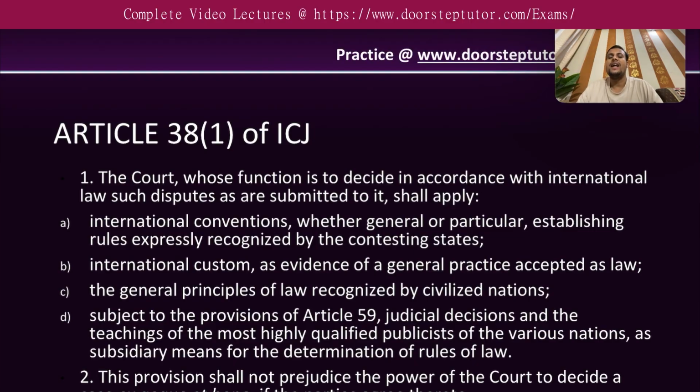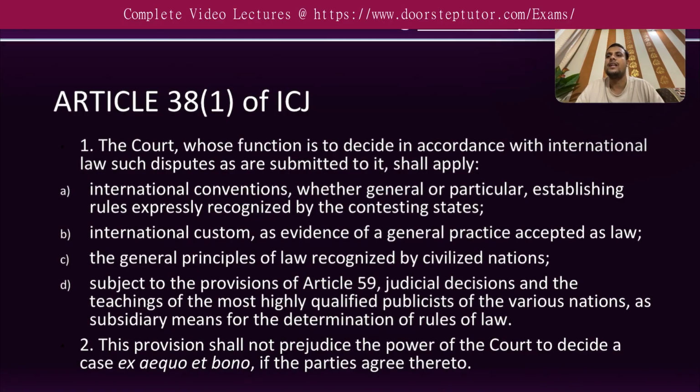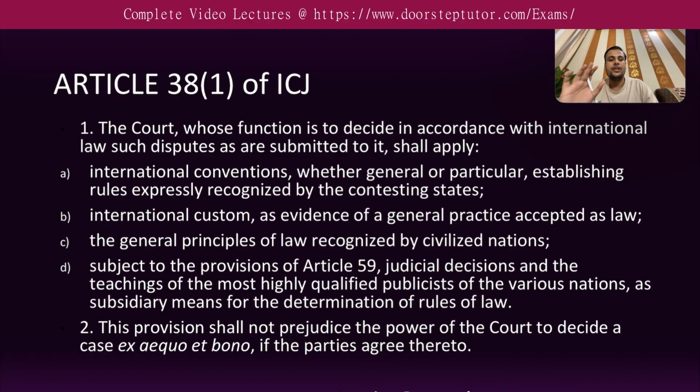It is widely recognized as the most authoritative and complete statement when we are discussing the sources of international law. So we will try to read this article. Okay, it is Article 38.1. This is a very important article from your examination point of view. So Article 38.1 of the ICJ. Now it talks about the different sources. Let us read these sources.